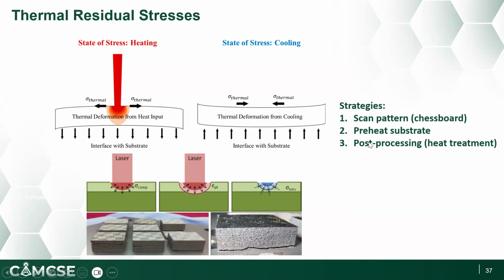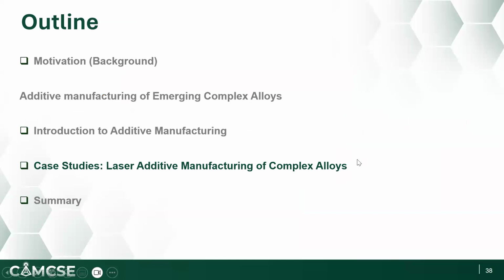So so far, I have briefly gone through the very basics of additive manufacturing technologies. In the next slides, I will talk about some specific examples where we can use laser additive manufacturing in particular to process the complex alloys, which I have shown you earlier, that are difficult to process by conventional manufacturing processes such as casting, right?